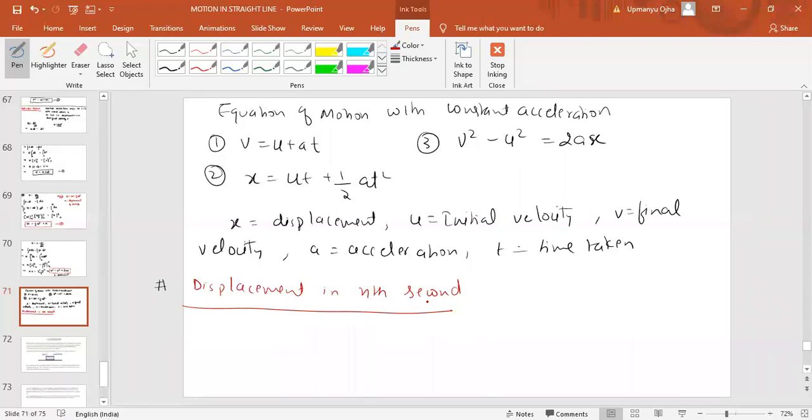Third second means between 2 seconds and 3 seconds. What is the displacement of the particle? So that's the next formula which we are deriving: displacement in the nth second. Like if I say displacement of the body in the fourth second, fourth second means between 3 and 4 seconds, which means n will be 4. This is the derivation of the nth second.